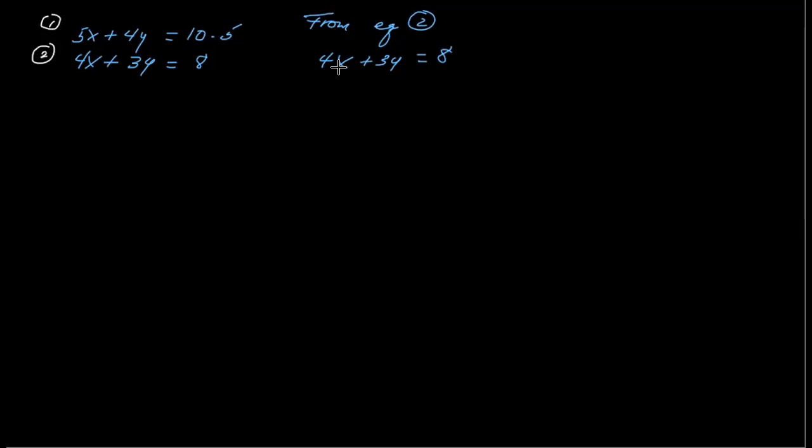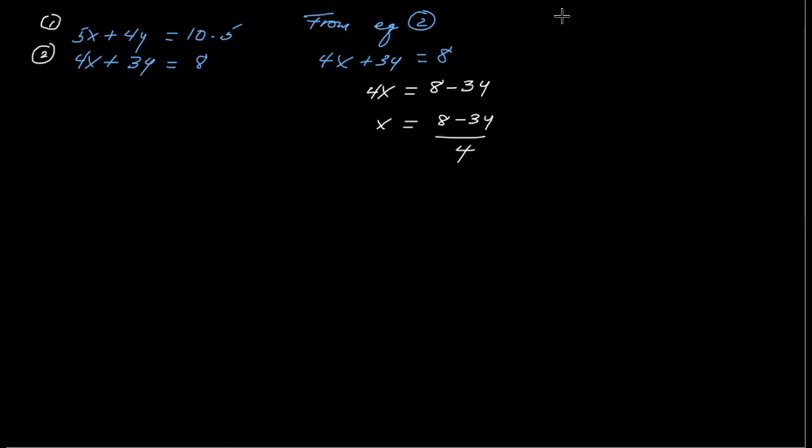I want to write x in terms of y, which means I'm going to take the 3y over. So I'm going to have 4x is equal to 8 minus 3y, and so x is equal to (8 minus 3y) divided by 4. So I have written x in terms of y.